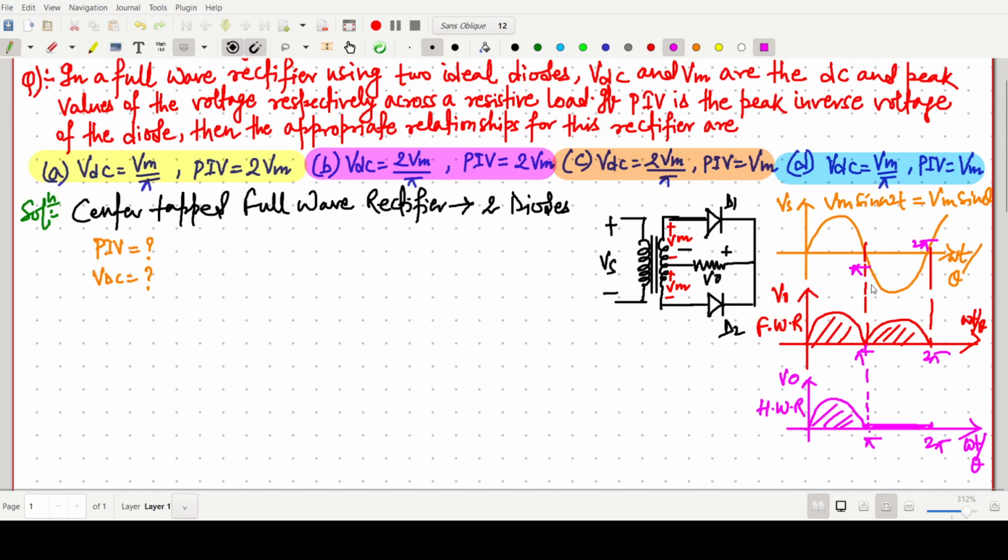So this we know. What we have to find is the value of VDC and PIV.